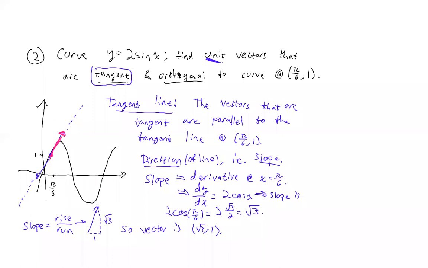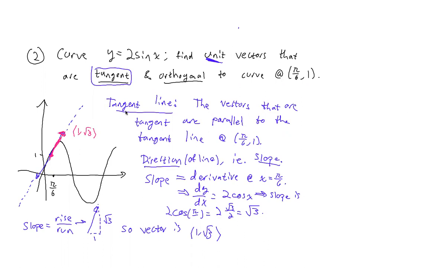So let me fix that. I did that backwards. The vector is 1 comma root 3. So this vector, in other words, is 1 comma root 3.